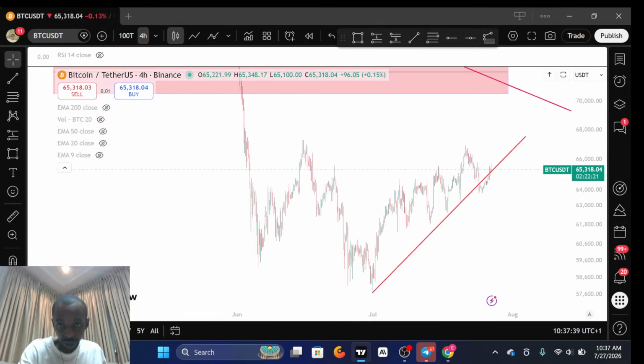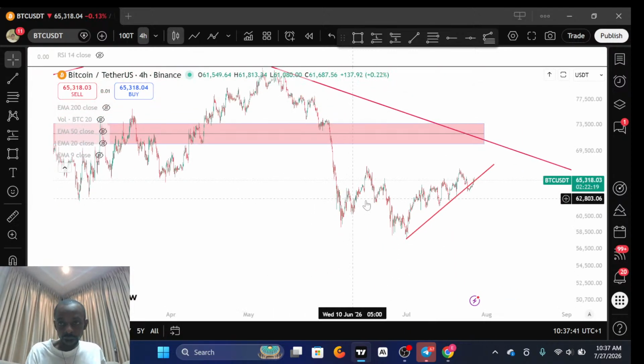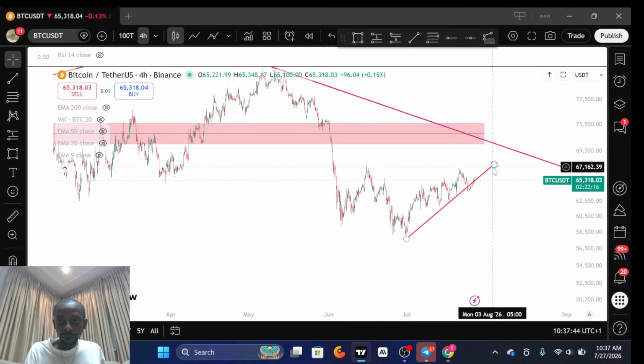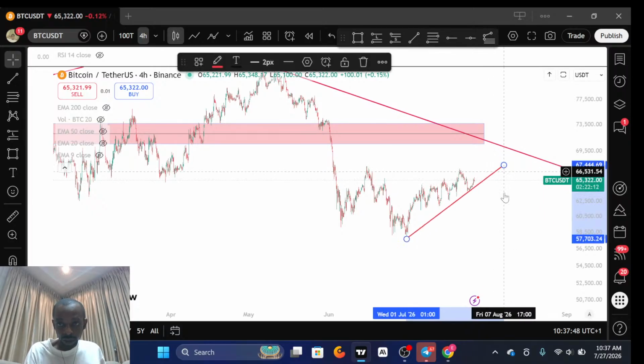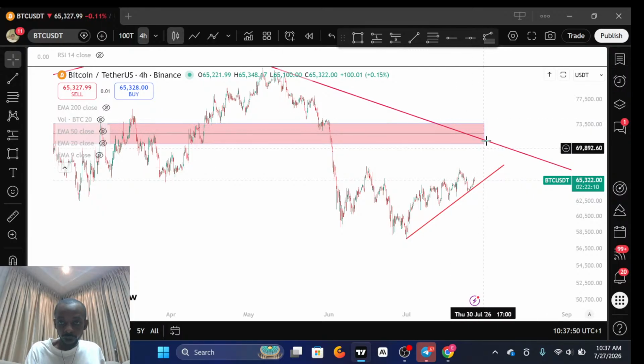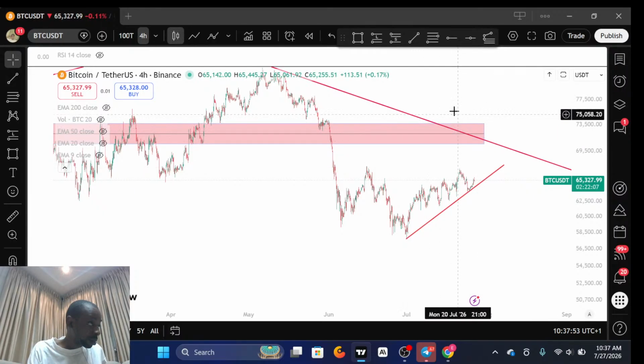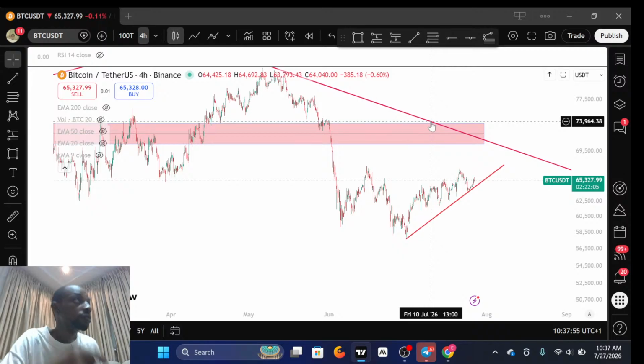But a price action trader is waiting for a clear break of counter trend line around this level.